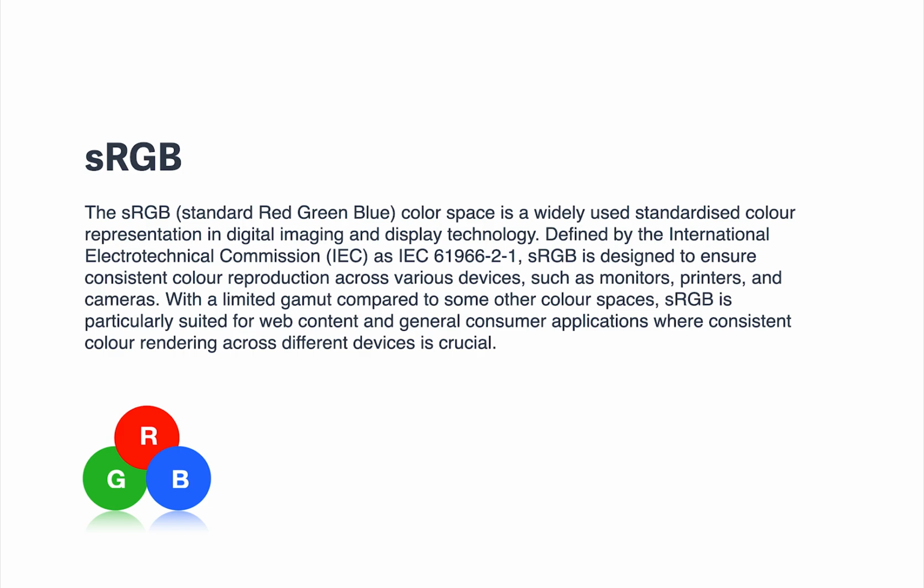The sRGB is also a web standard and the only color space supported by all web browsers. Because it effectively acts as the lowest common denominator, this is the color space that all digital cameras default to.